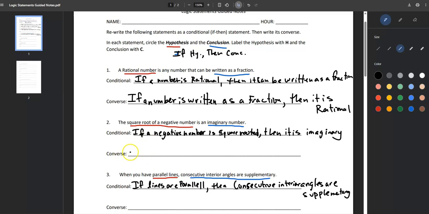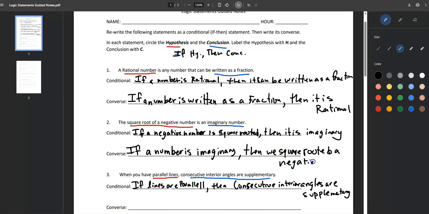Okay, so if I look at the second example of converse, again, start with if. So if a number is imaginary, then we square rooted a negative number. Just like so.